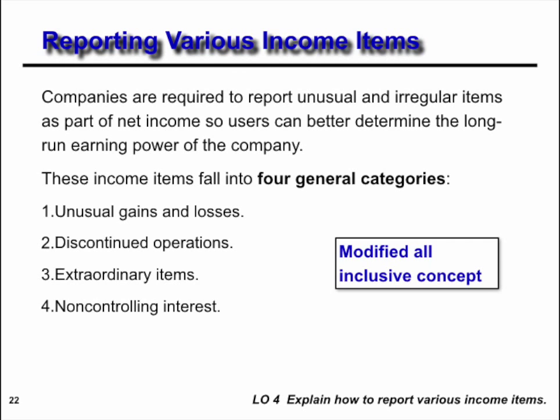In order for an unusual gain or loss to be considered an extraordinary item, it must be both unusual and infrequent. This means that the gain or loss happened outside of the company operations and will most likely never happen again.